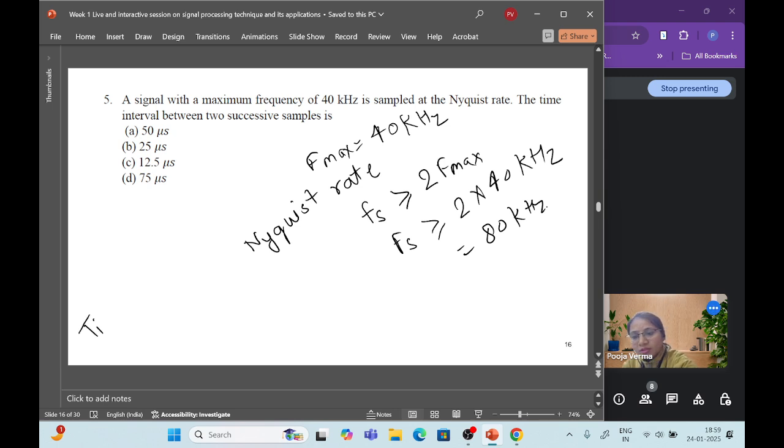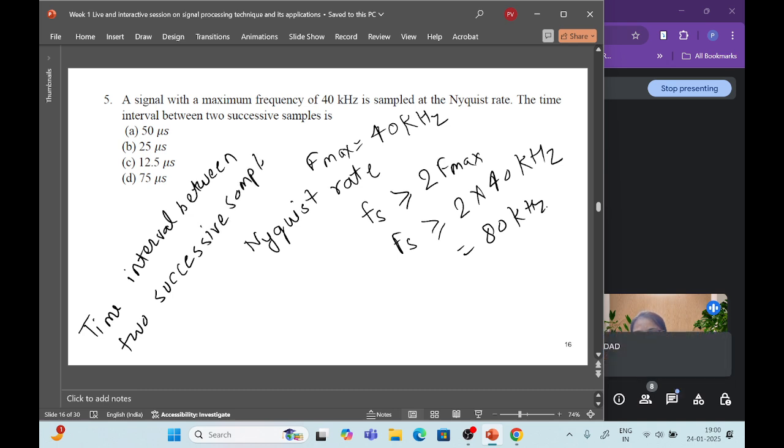The time interval between two successive samples is represented by TS.